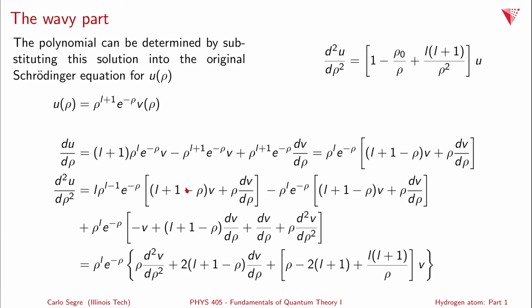And that comes from this term with an L, and I get an L plus 1. Then this is minus 1, so I get an L. And then I have these terms here with the v, and then this term here with a v only. So this gives me the minus 1. All right.